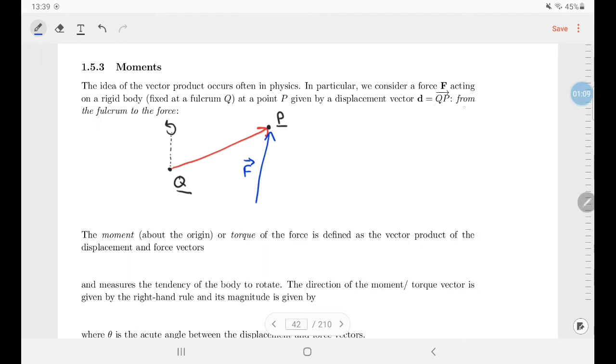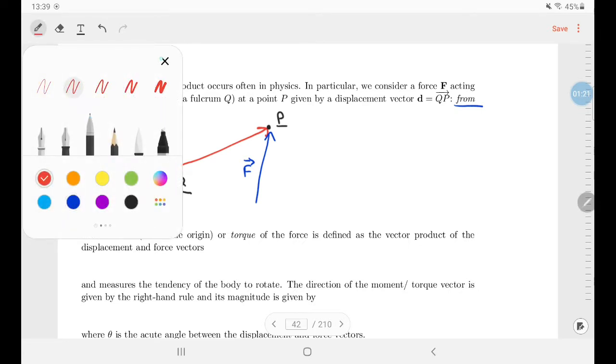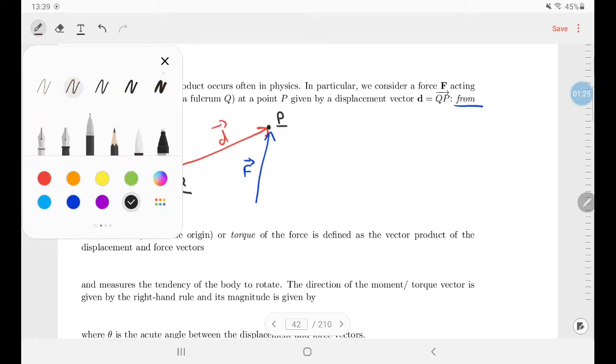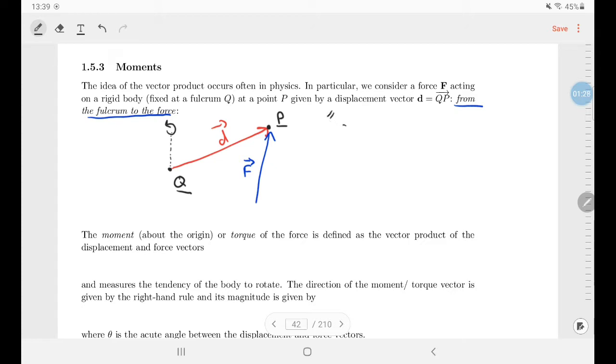The force is applied at a point, and the displacement is from the fulcrum. So we could write down something like D is the displacement of P from Q.